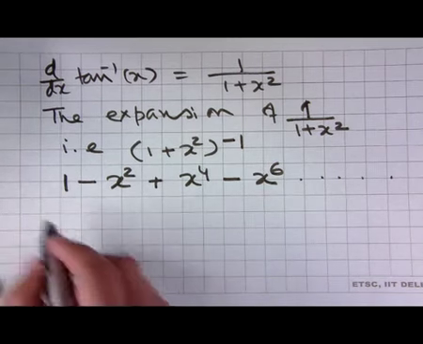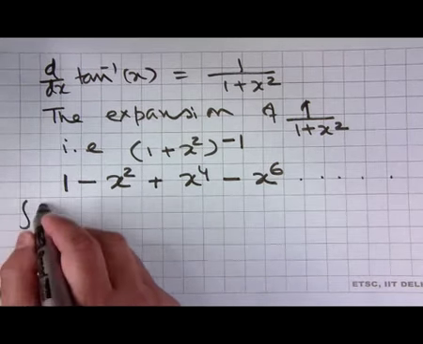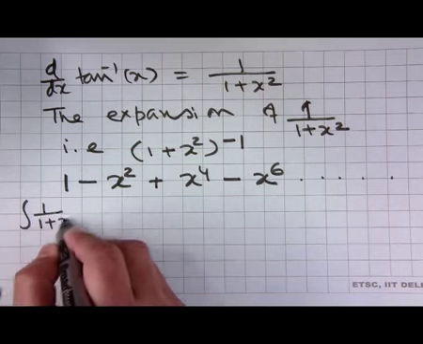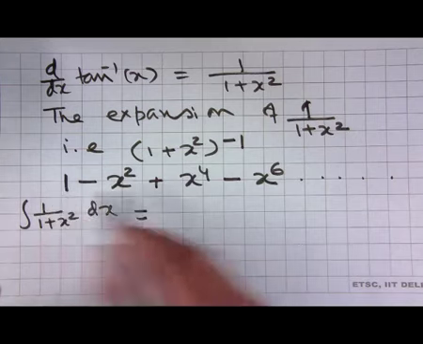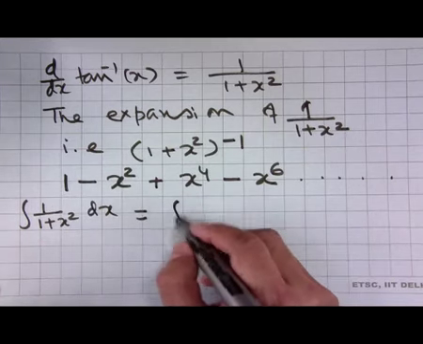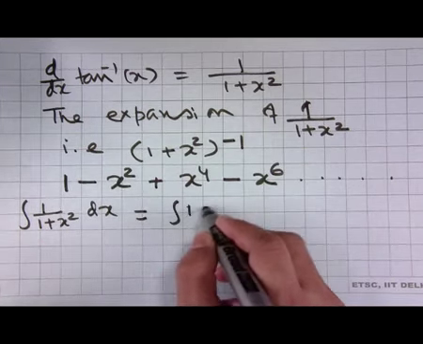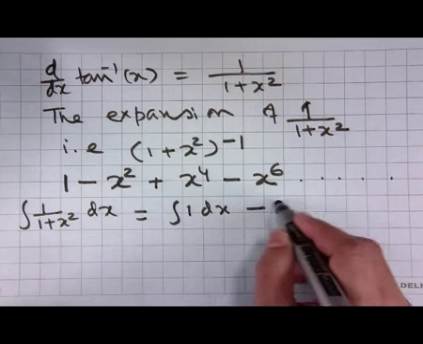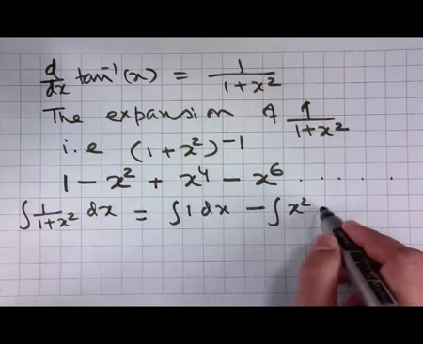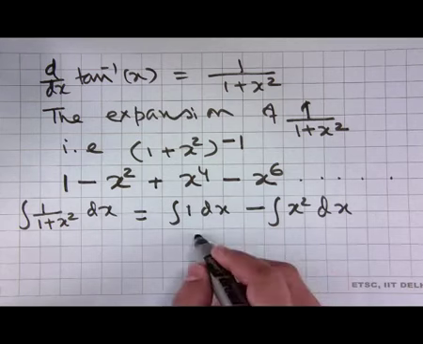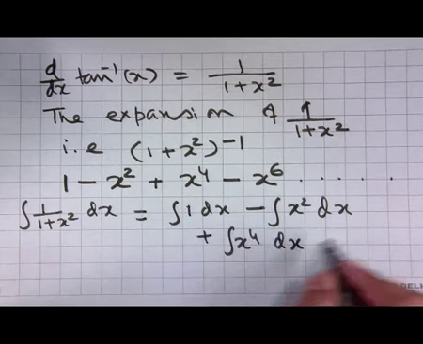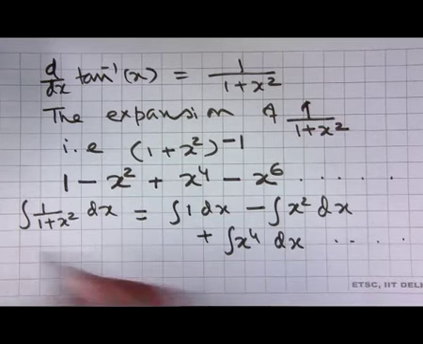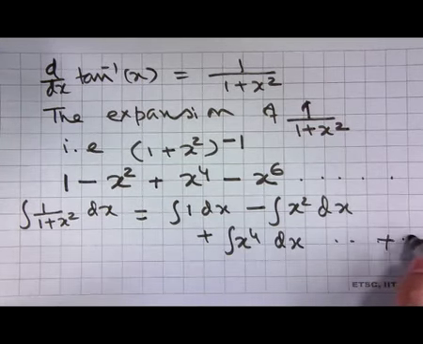Now, let us integrate both sides. Therefore, 1 upon 1 plus x square dx is equal to, by integrating this term by term, we get integration of 1 dx minus integration of x square dx plus integration of x 4 dx, etc., plus a constant c.